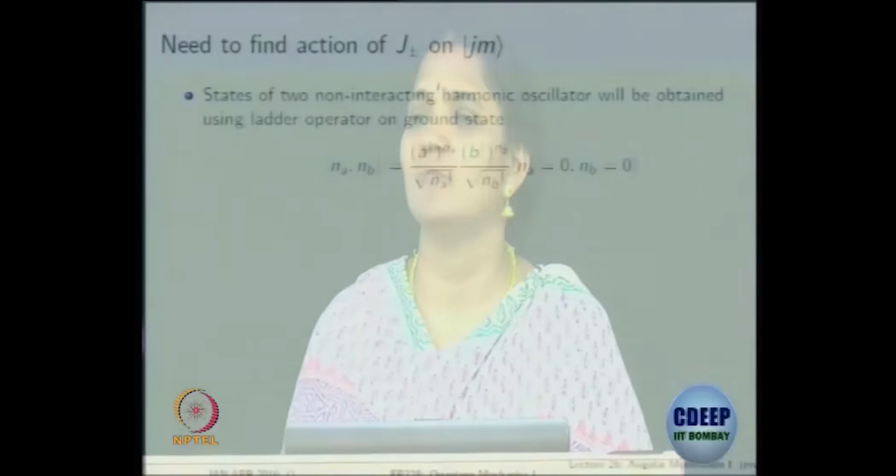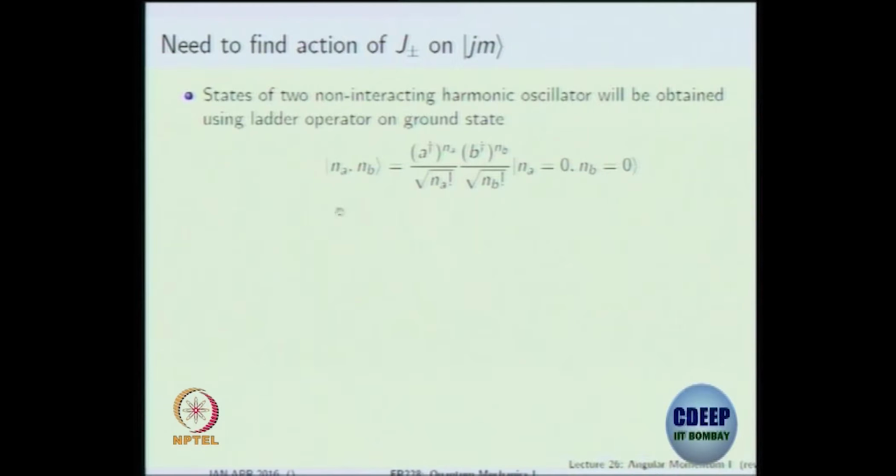Very simple now. You can write any arbitrary number state with an arbitrary Na and Nb in the harmonic oscillator context, two independent harmonic oscillators, as if you have this raising operator A dagger, Na times on the ground state or vacuum state with this normalization, and similarly the B dagger, Nb times with this normalization on the ground state.